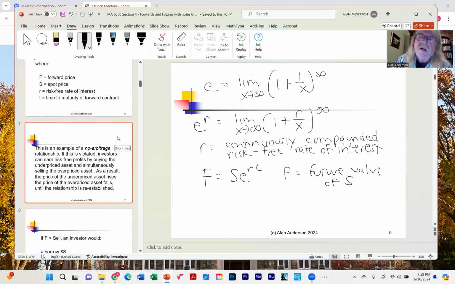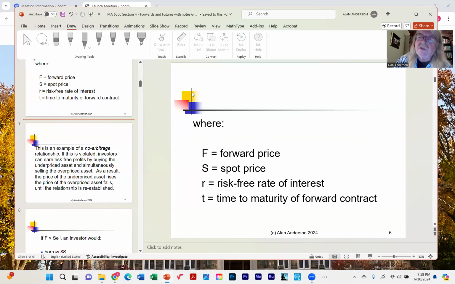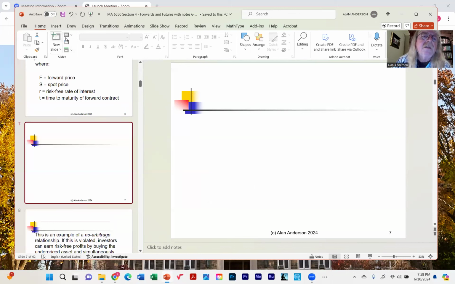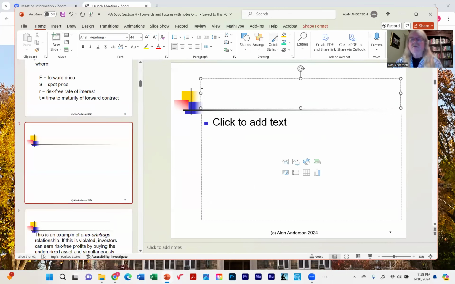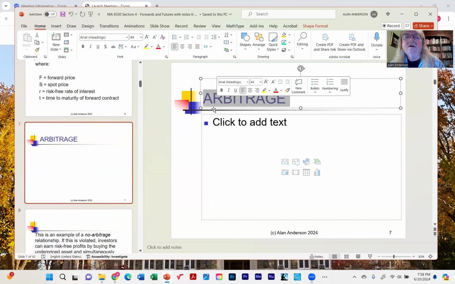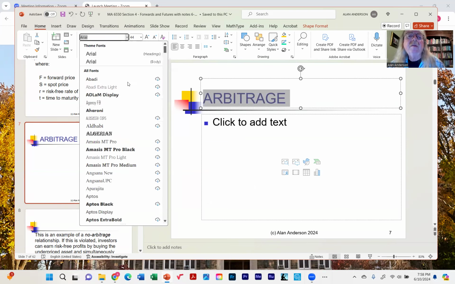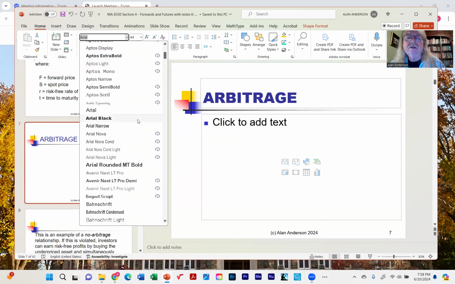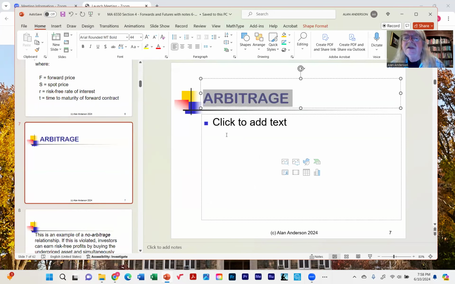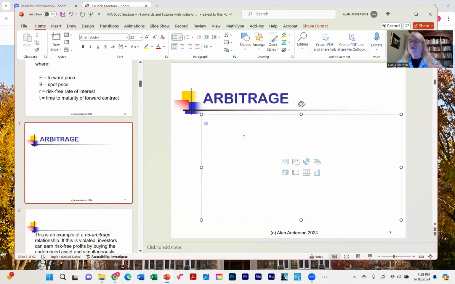Now, here we're going to introduce a very important idea. And this is going to be something we'll see throughout all the derivatives markets. This notion of arbitrage. Now, you may have heard this word before. And in fact, it used to be a common thing for people on Wall Street. There used to always be some of these arbitrageurs, they were sometimes called. Some of them were quite infamous, as a matter of fact.